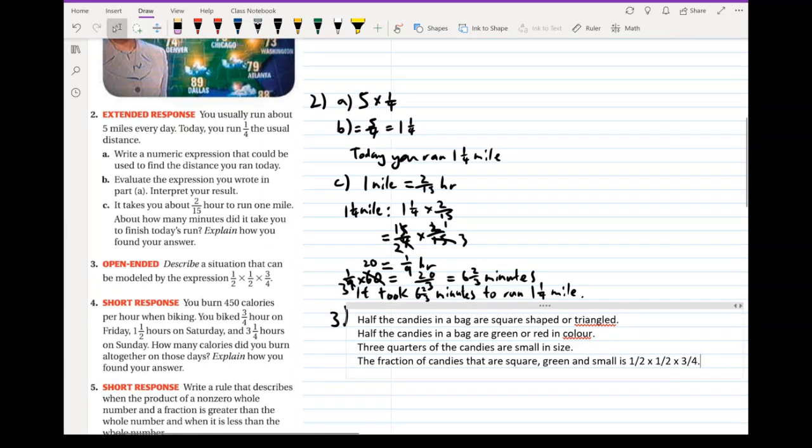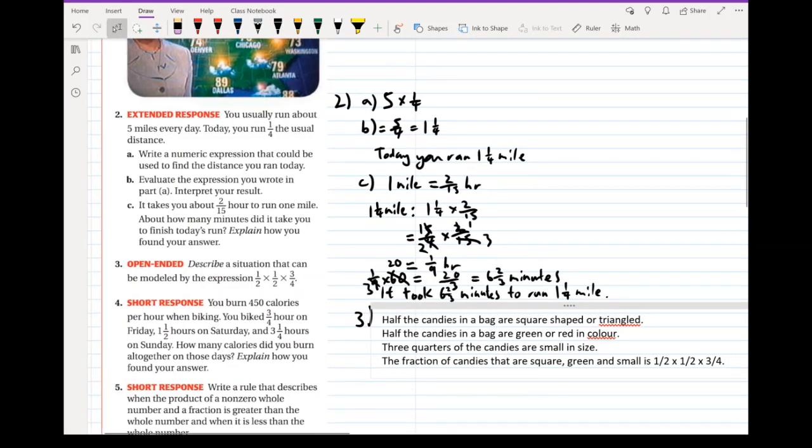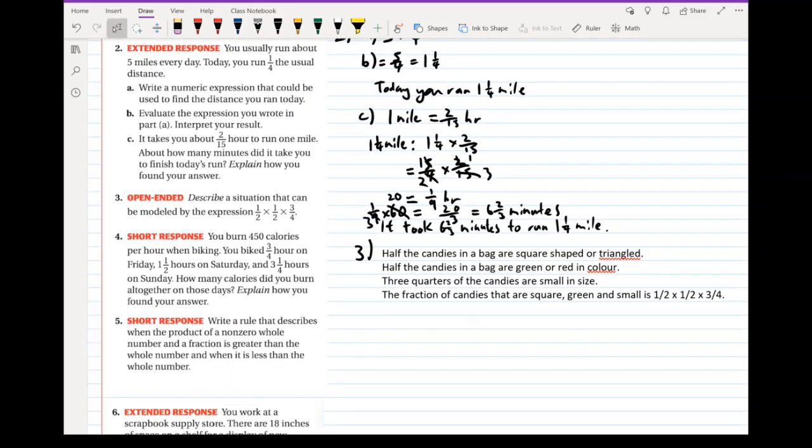So that's just a situation. Hopefully you understand what that means. This is open-ended, so just make up any sort of situation that can describe half times 3/4. So moving on to question 4 now.